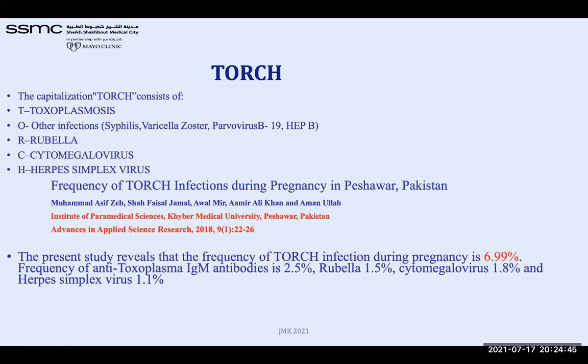I don't know if this is a model for all other provinces or cities, but 7% TORCH infection is on the higher side, except in South America, like Brazil and Argentina, where the prevalence is higher. In the rest of the world, the Middle East, Europe, and USA, it is about 5%. So this is one article I found.